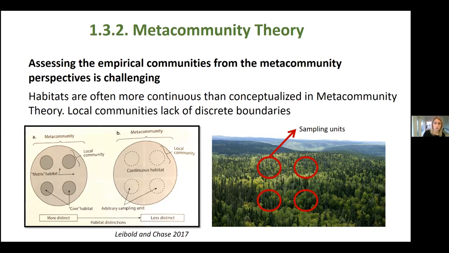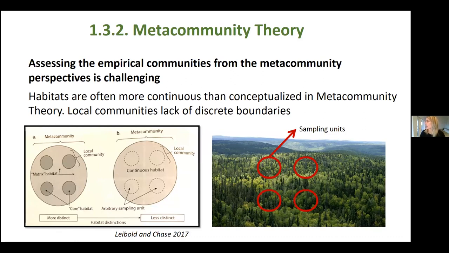However, when we go to the field and we try to sample our communities, we are rather in this kind of situation. And this is just because in reality, habitats are more continuous than in theory. So usually our sampling units belong to this situation.